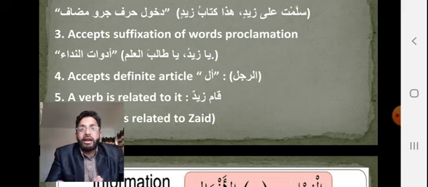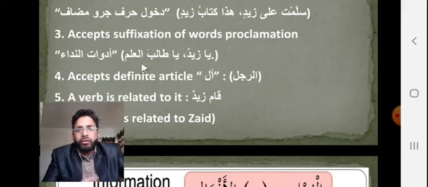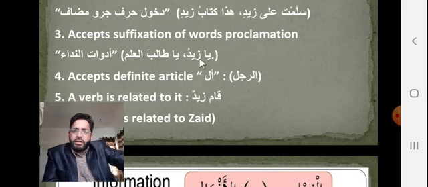So that's why Ya Hamidu, Ya Zaid, O Zaid, Ya Talib al Ilmi, O student. Talib al Ilmi means one who seeks knowledge. So I use Ya. This is the word of proclamation, Ya. So it's also a sign of a kalima being a noun.